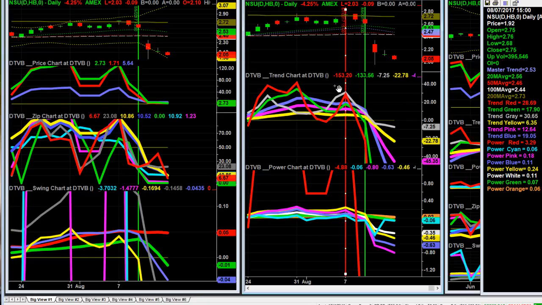And by that, or line difference, by that I mean if you look the day before the red vertical line, you have trend gray at 25. On the red vertical line, trend gray is 28. That's 3 points. On the day before the red vertical line, trend red is at 7, and on the vertical red line day, trend red is at 28. So trend red has moved up 4 times its own value if you look at the difference in the indicator.